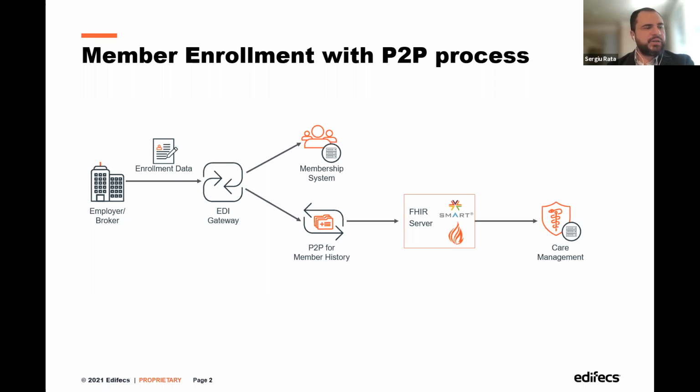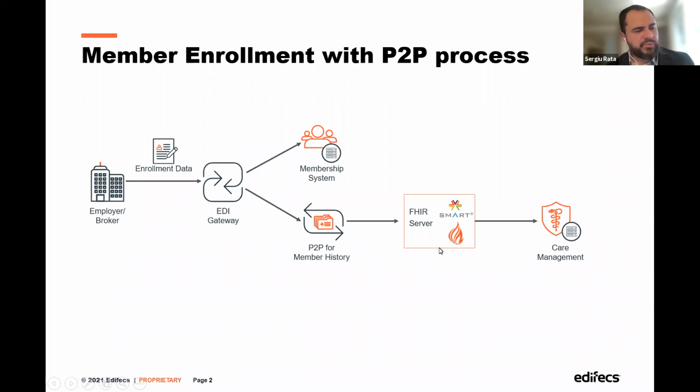In the case of so-called system-to-system peer-to-peer interaction, if the enrollment data contains consent and it contains the information about the member's prior payer's information, then the peer-to-peer process can also start at the same time, whereby the previous payer is getting contacted, the medical information for that member is getting retrieved, pulled, inspected, and then ultimately pushed into the FHIR server.